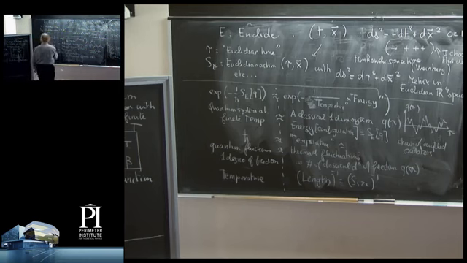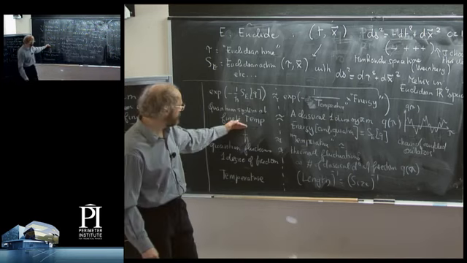So you have to keep in mind this very important dictionary. Quantum system at finite temperature equals a classical extended one-dimensional system. The energy of the configuration of this classical system is the Euclidean action associated to the quantum system.